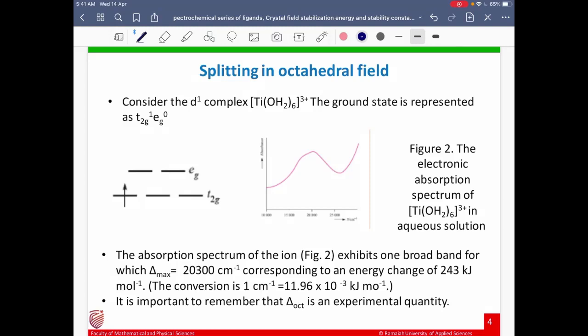So we can write that electron in T2g orbitals, and the ground state as T2g1 Eg0. Only one d electron is present in titanium, and that will be in T2g.